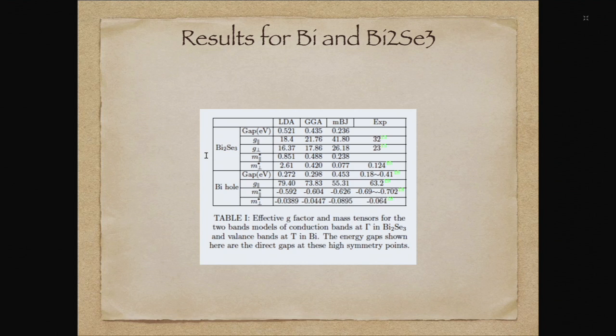So here we learned that in order to get a reliable g-factor estimation, you need to first get the energy band of the semiconductor system right. Then you will get a very good comparison between our calculation and experiments.